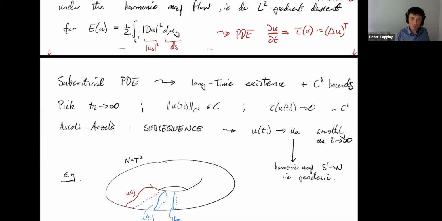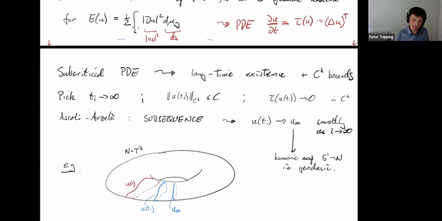Of course, the energy is giving you some rough idea of how stretched this is. As you do a gradient flow, that curve is trying to reduce its energy, essentially trying to shrink. A little bit later on, it might look something like that, going around the torus. And then eventually, as time converges to infinity, you'll converge to your harmonic map, your geodesic.